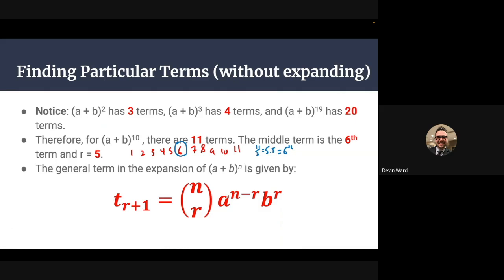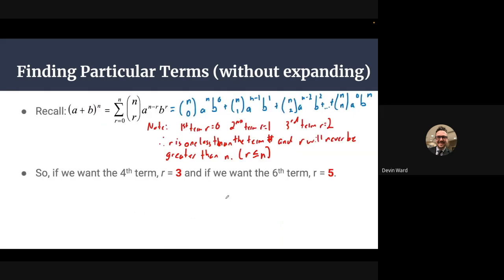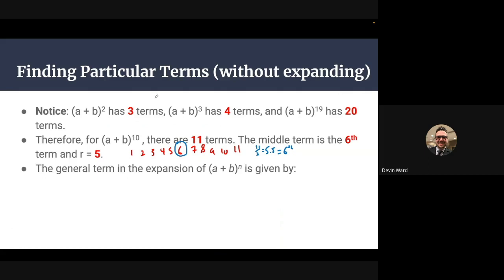It's very similar to our expanded formula, but instead of doing all the terms, we're just looking for one term, whatever term number we have. When we find the general term, it's going to be half simplified, half not, because we won't know what r is yet. But then we can use our general term in the following questions.